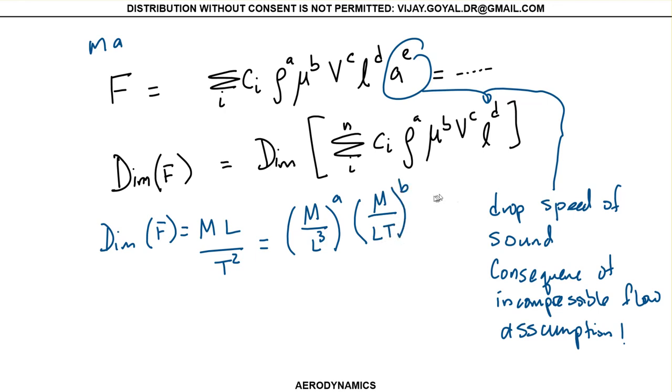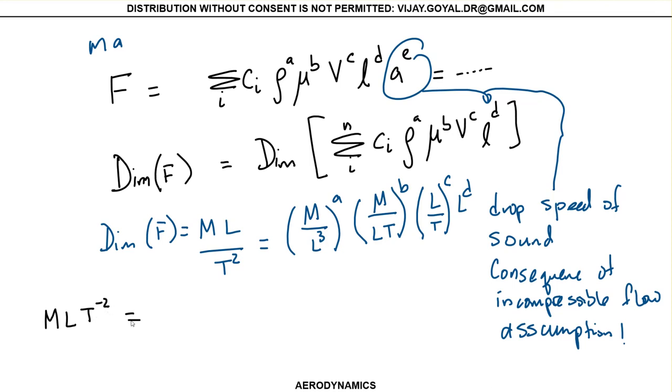And then my velocity is nothing else than length divided by time, and my length is L over D. So now what we need to do is rewrite all this equation to find these coefficients. So the idea is to compare the left-hand side with the right-hand side. To do this, I'm going to rewrite this whole equation in the following form.